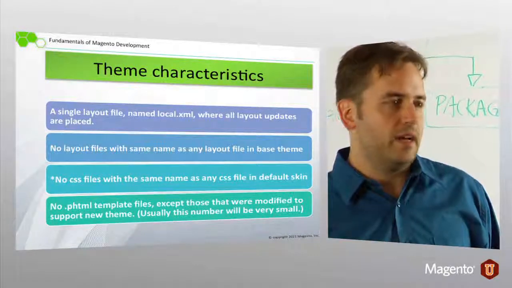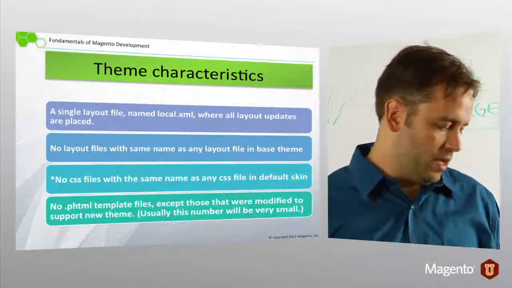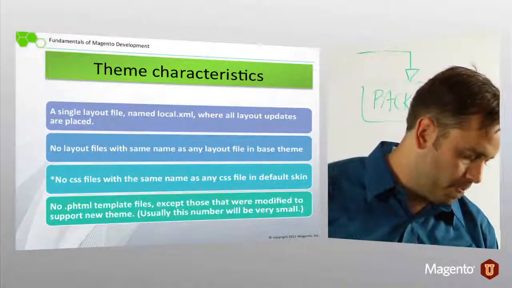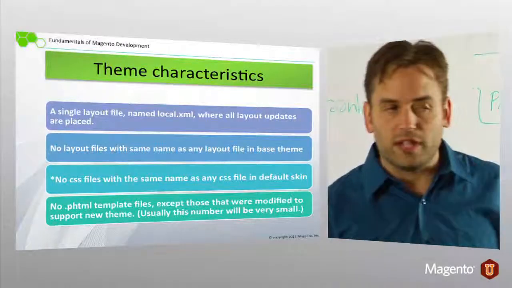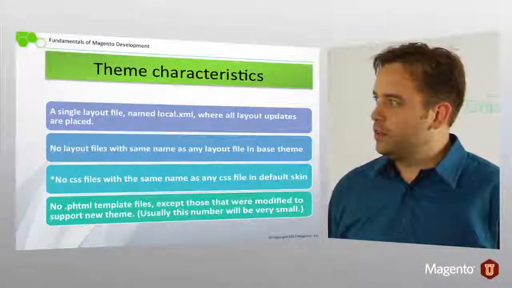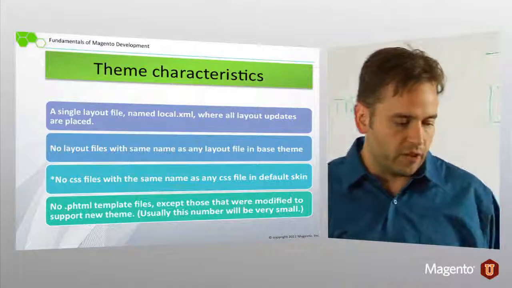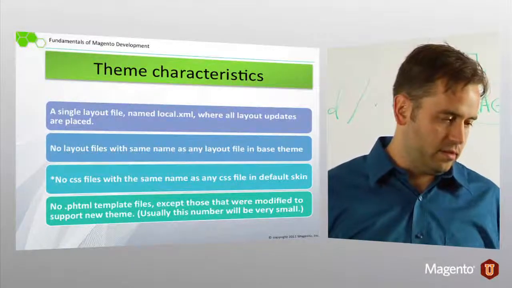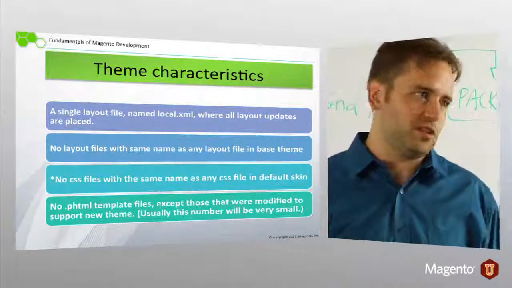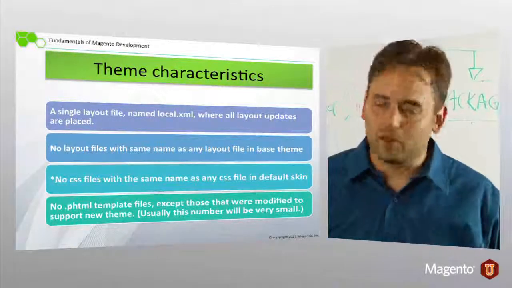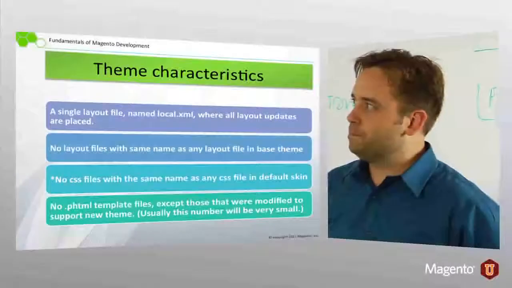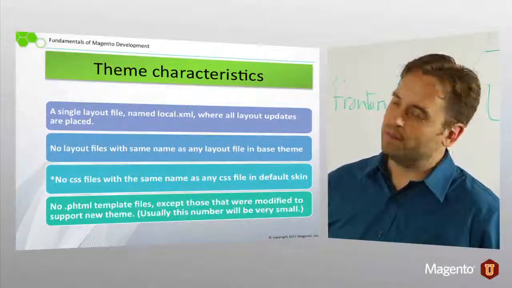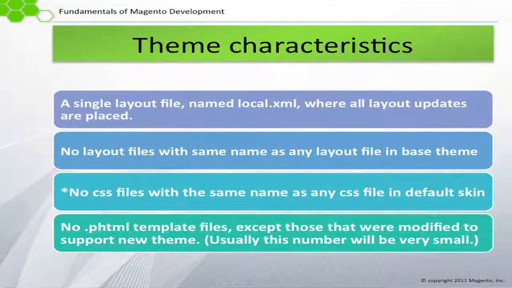If you use local XML to move that block around, you won't break other people's functionality. Again, Magento doesn't adhere to this convention, as we'll see in one of our examples, which is unfortunate.